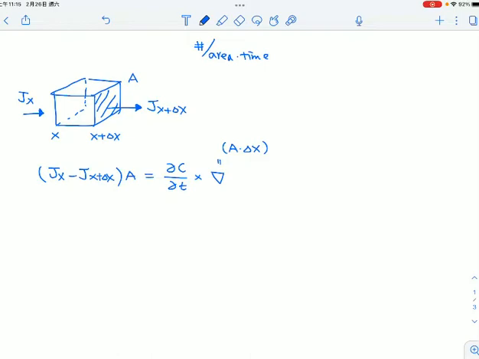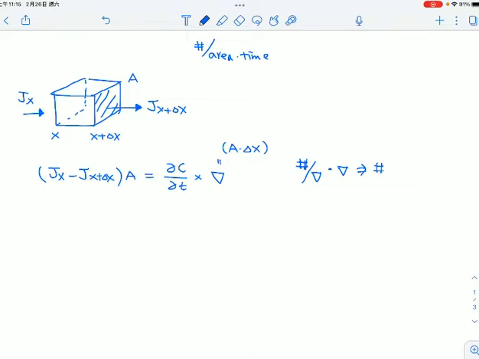If we check the unit, the concentration is the number of atoms per volume, right? So if you multiply by the volume, the number of atoms is left. So it's perfect.